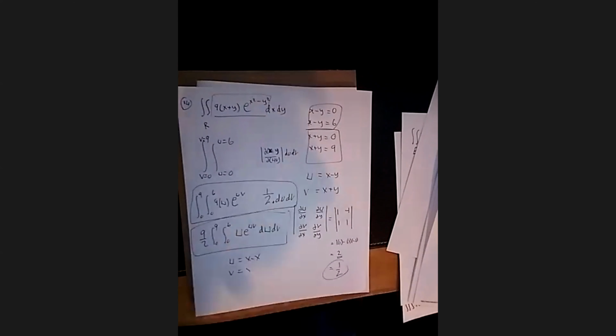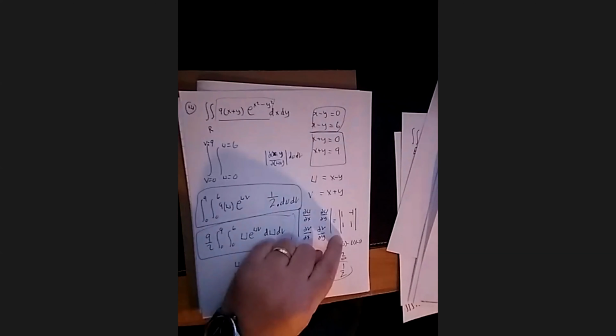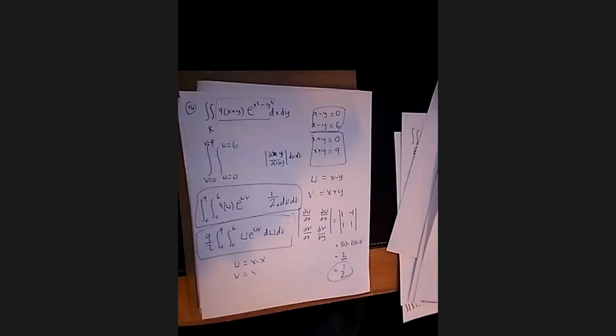Sometimes don't you have to draw the darn picture of what the new region looks like to find out who the u's and v's are? In that case, there is no advantage of doing the shortcut, because you still have to find out what x is equal to in terms of u and v and what y is in terms of u and v anyway. So you just have to do it.